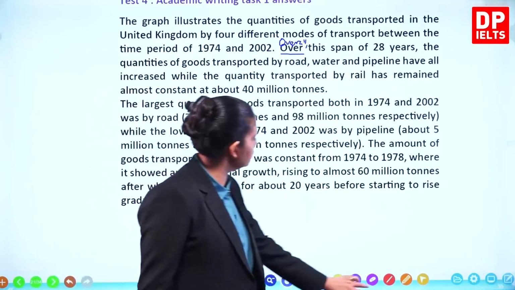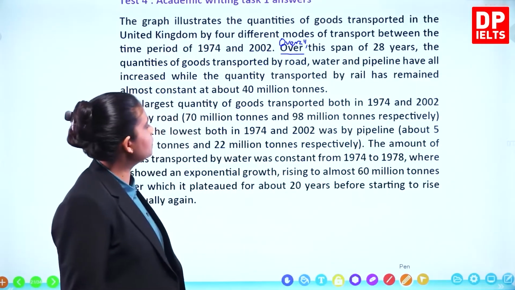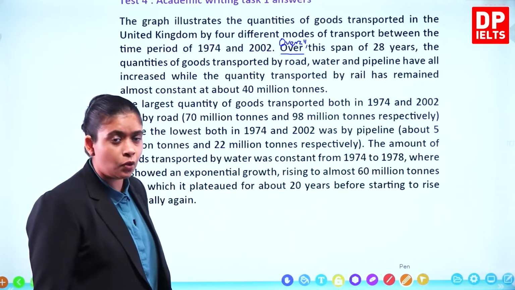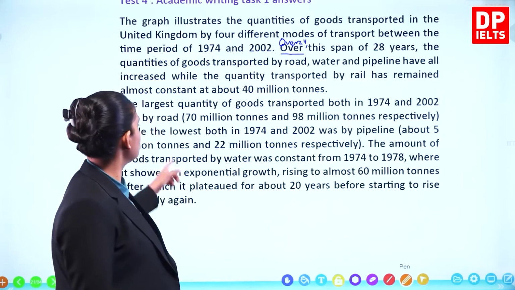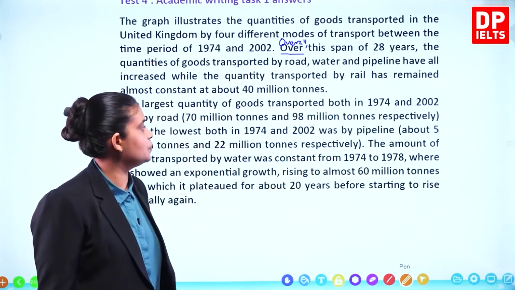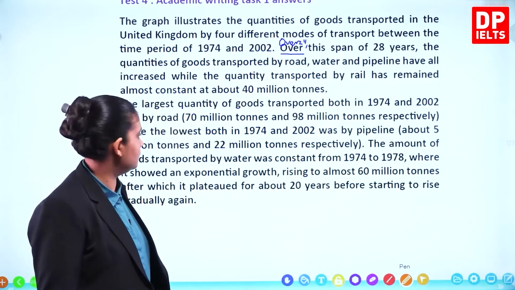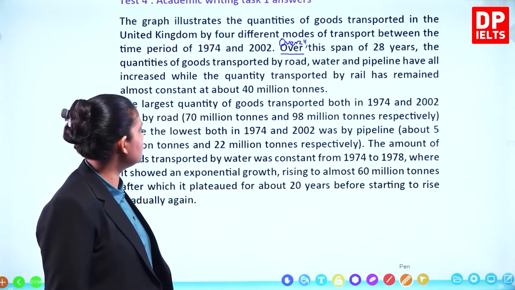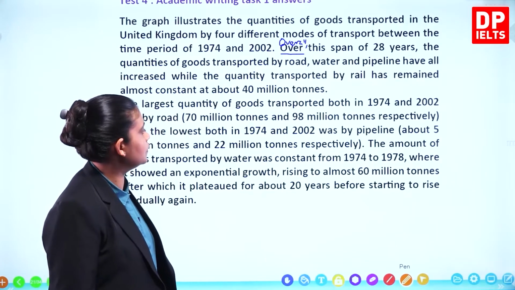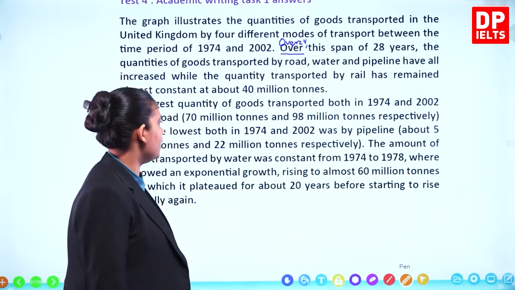The largest quantity of goods transported both in 1974 and 2002 was by road. It was 70 million tons and 98 million tons respectively. While the lowest both in 1974 and 2002 was by pipeline.